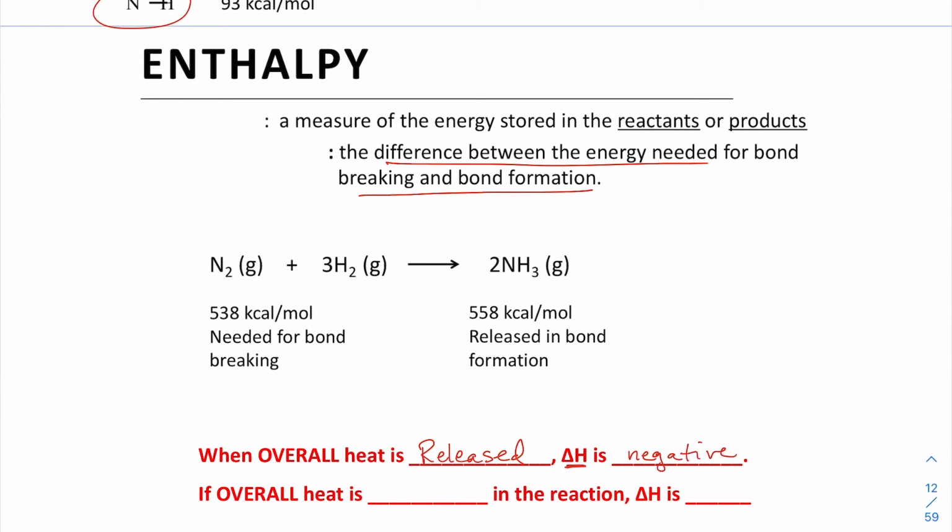Okay, and the way we calculate delta H is, delta H equals the energy absorbed on the reactant side minus the energy released on the product side. So we just subtract these numbers, reactants minus products, and we get a negative 20.